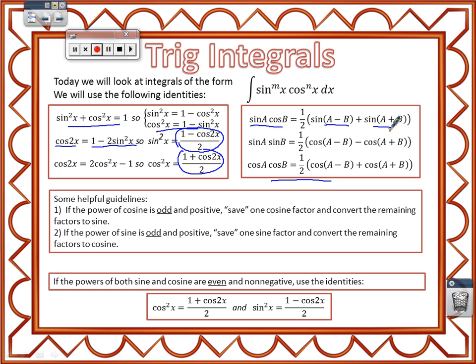So these formulas are used to make the integration possible. Today we're just looking at this form, sine to some power, cosine to some power. So with that said, those trig formulas are going to be pretty important.